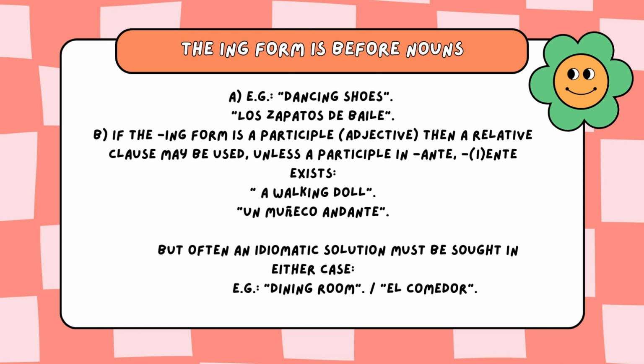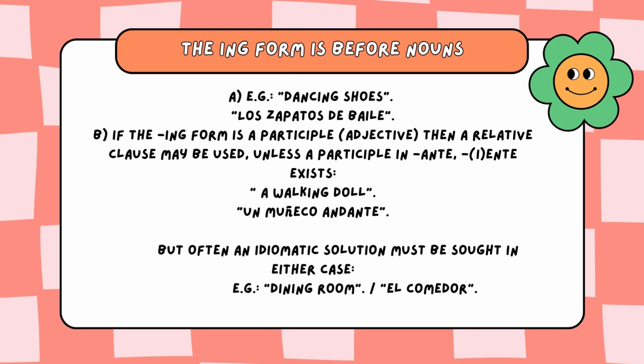Next, the -ing form before nouns. In A, if the -ing form is itself a noun, translation is usually by an infinitive or a noun. For example, dancing shoes can be translated to los zapatos de baile.